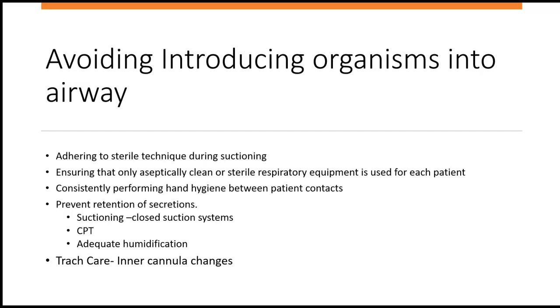Finally, there are some other things that we talk about when we discuss ventilator associated pneumonia and prophylactic things that can be done. A lot of those include certain types of medications that are used as stress ulcer prophylaxis.